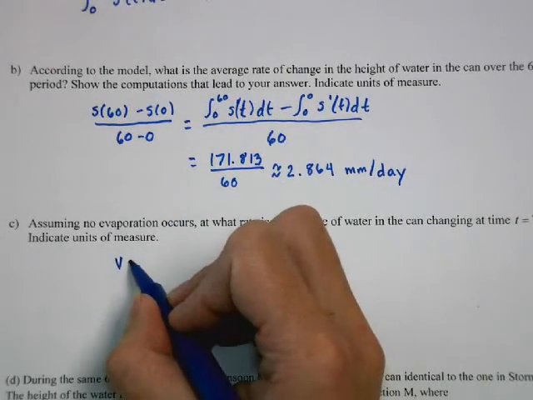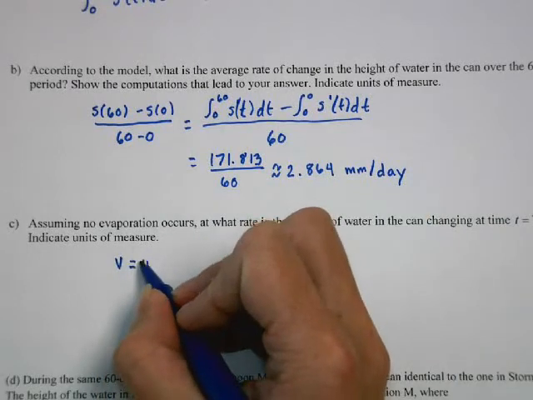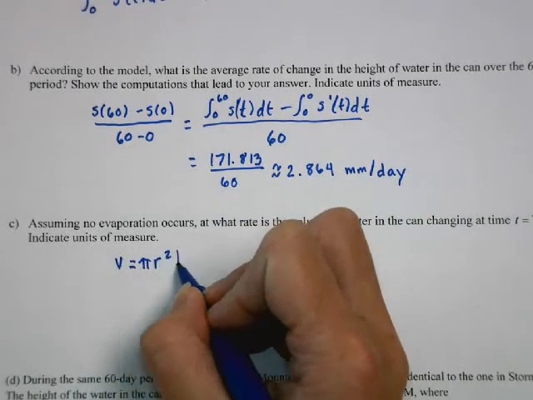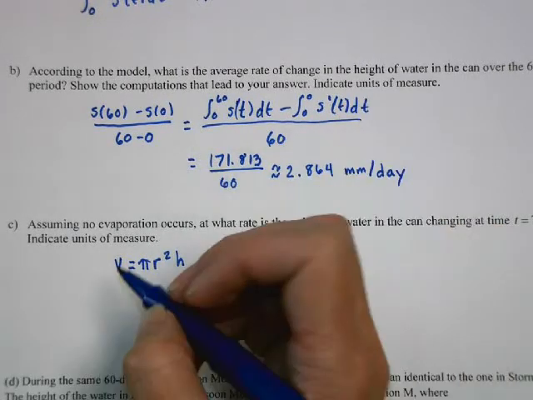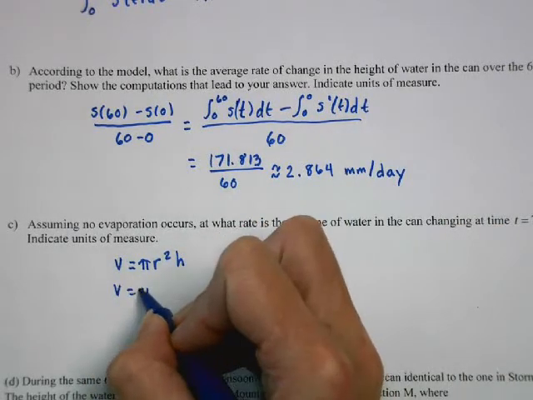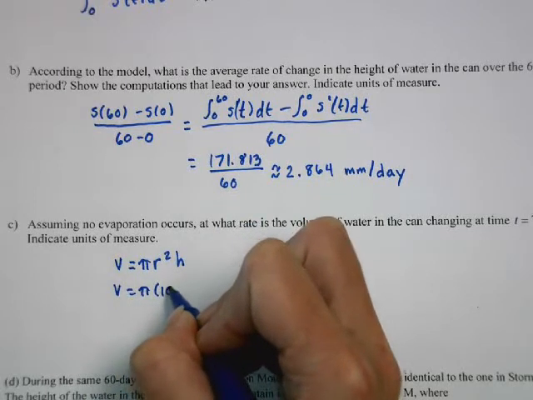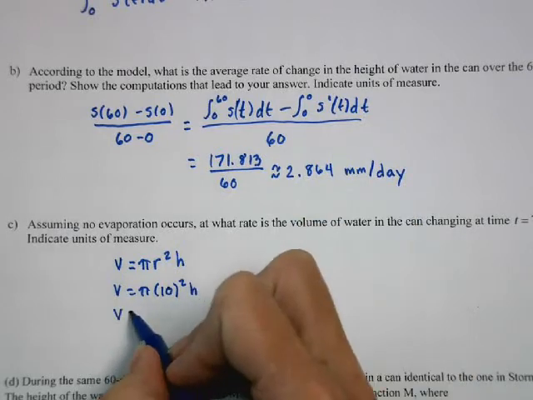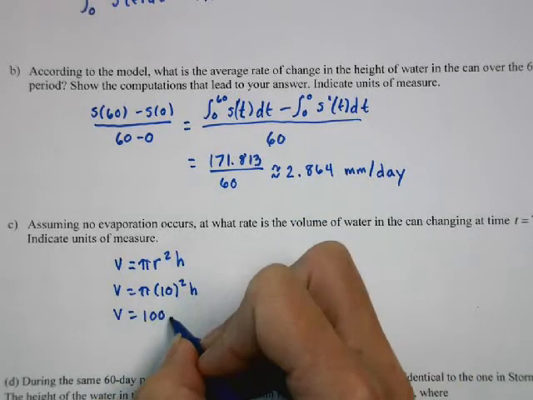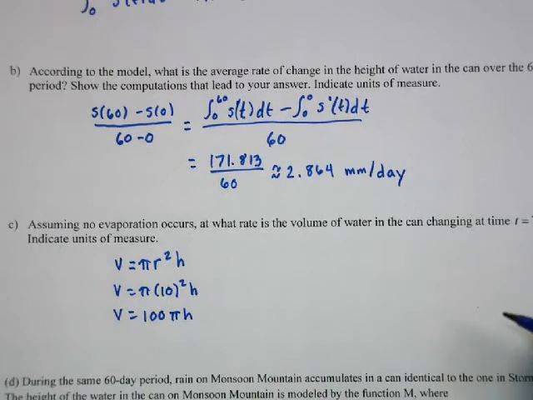So let's start with volume. Volume of a can is pi r squared h. The radius of this can is 10, sorry, squared is 100, I'm thinking ahead. So this is going to be 100 pi h.